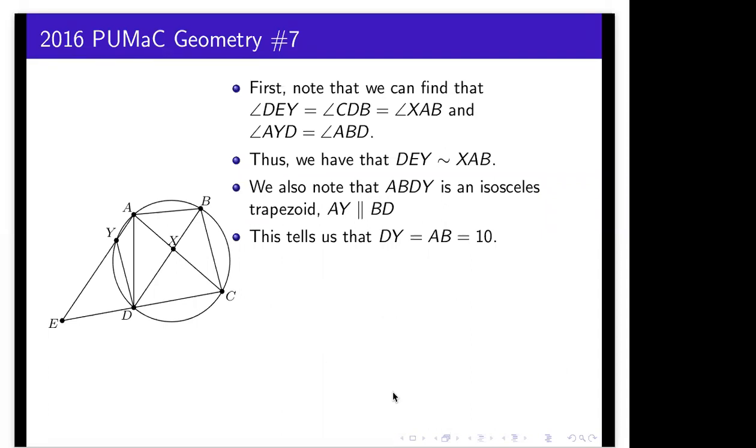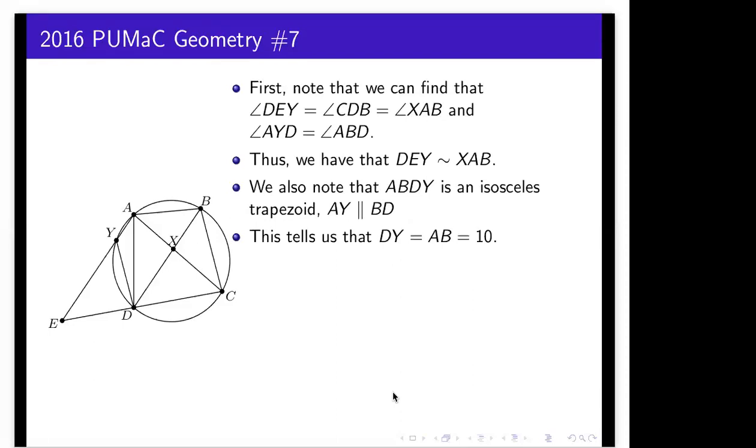So in this problem, DEY is somewhat distant from everything else, especially from a lot of the lengths that we're given.